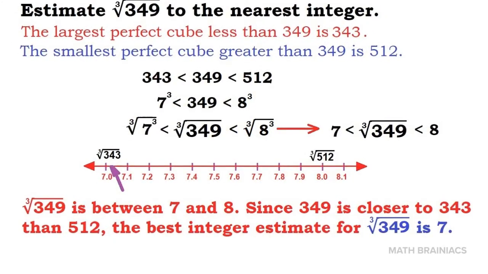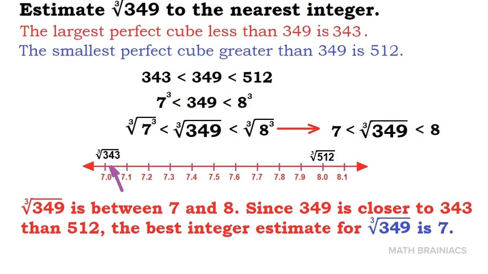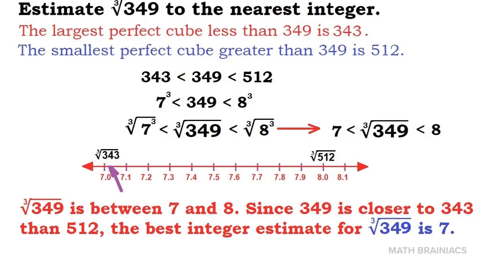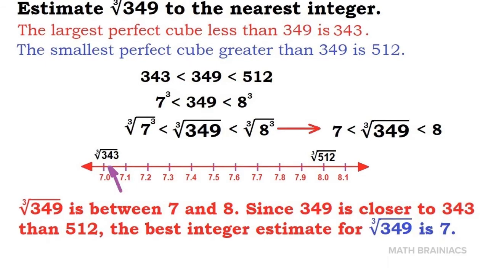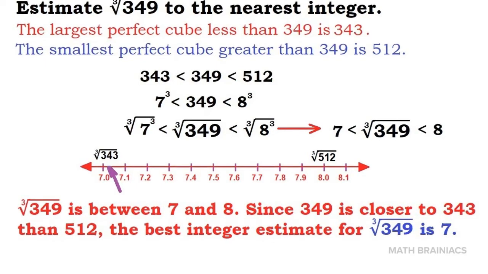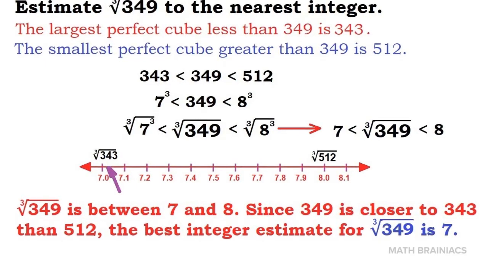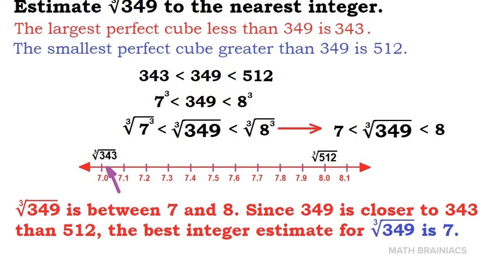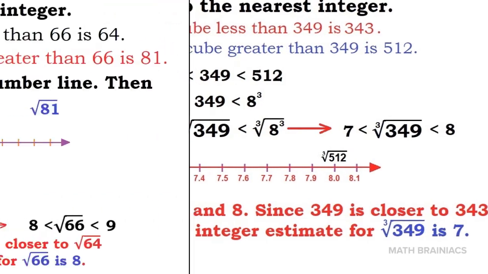Accordingly, cube root of 349 is between 7 and 8. Since 349 is closer to 343 than 512, the best integer estimate for cube root of 349 is 7.